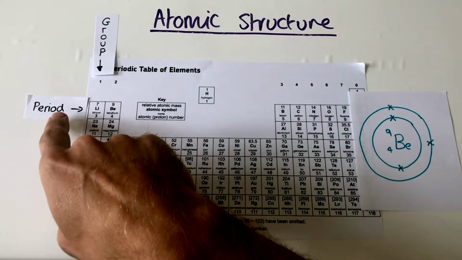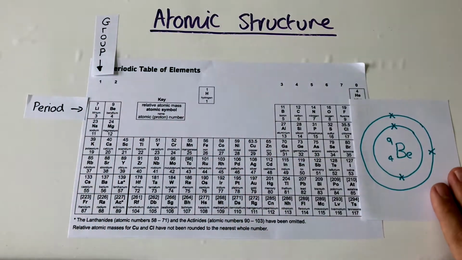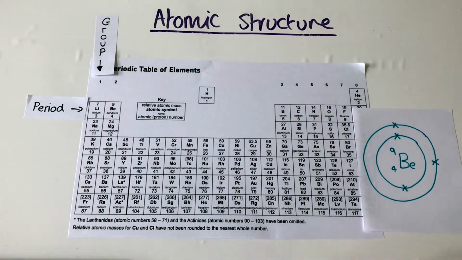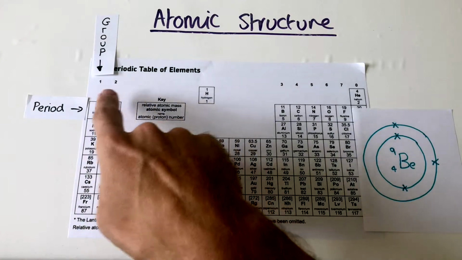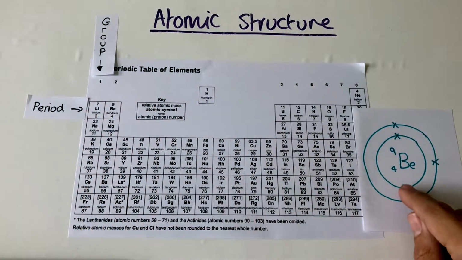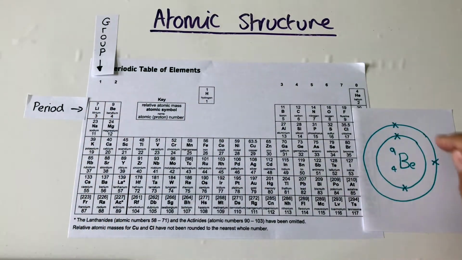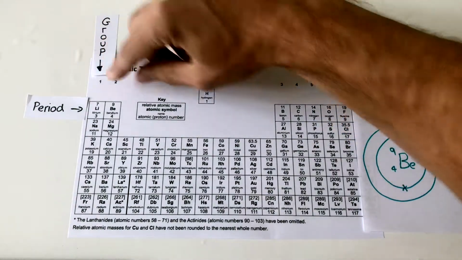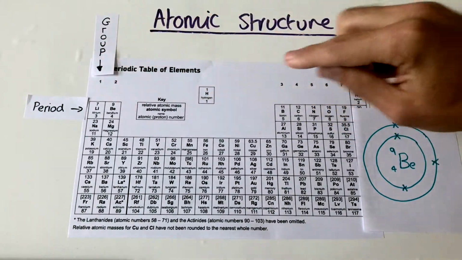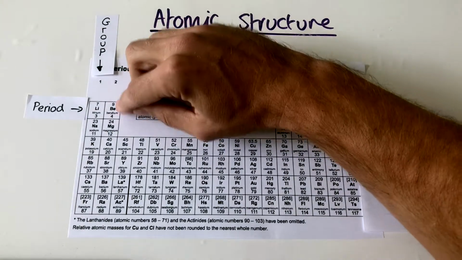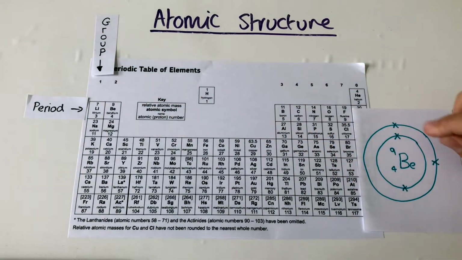The period, which is the row, tells you how many electron shells an atom is going to have. So beryllium is in row 2 of the periodic table, so it's got 2 shells. The group number tells you how many electrons you're going to find in the outer shell. Beryllium is in group 2, so that's 2 electrons in the outer shell.